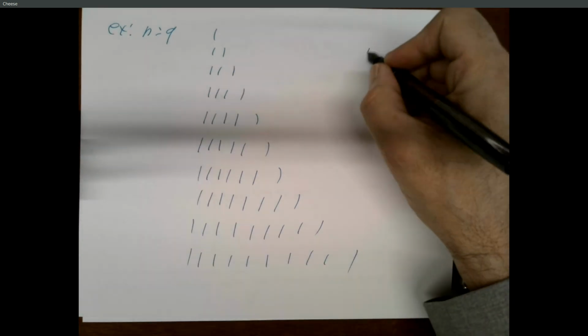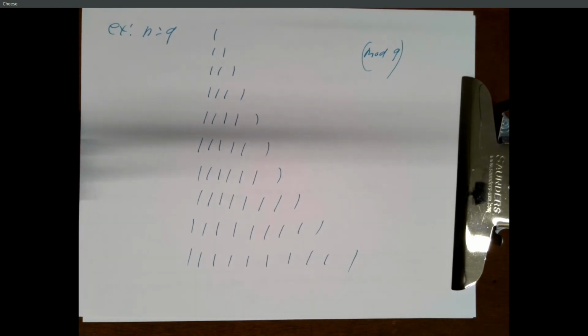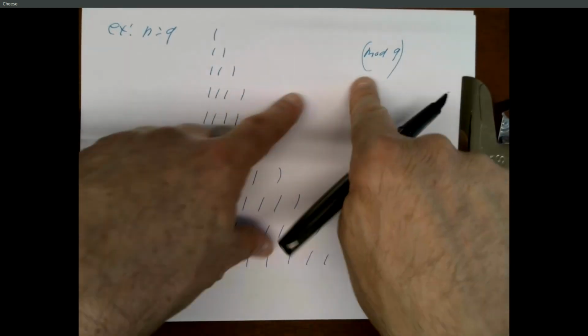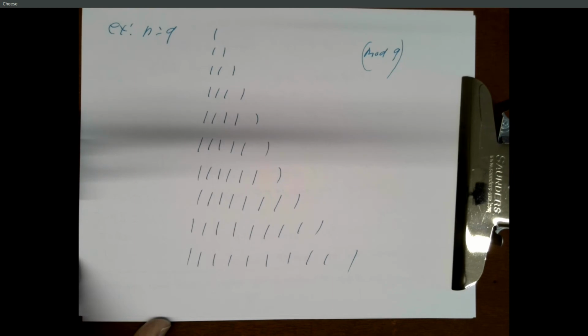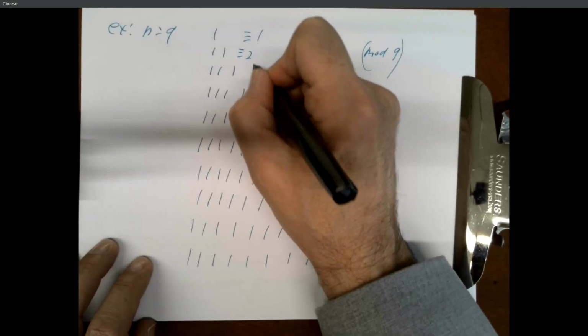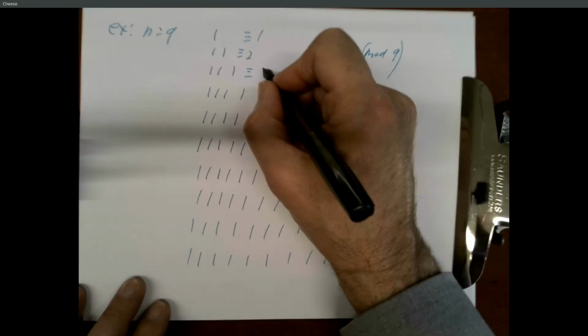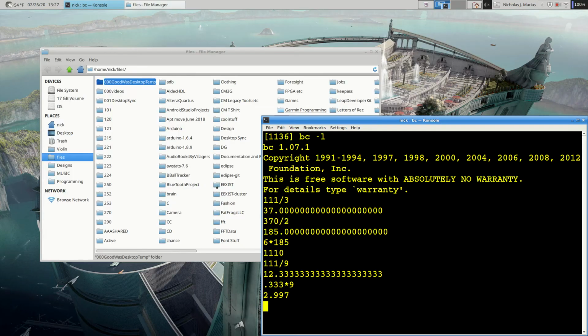I'm going to calculate each of these modulo 9. Since I have 10 numbers, at least 2 of these are going to be congruent to the same thing. So this is congruent to 1, this is congruent to 2, and this is congruent to 3. Maybe we'll get lucky here.